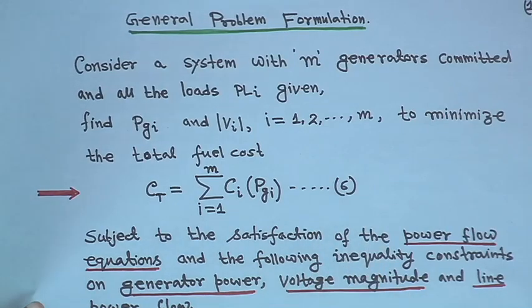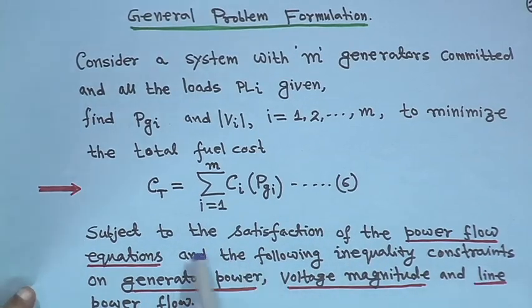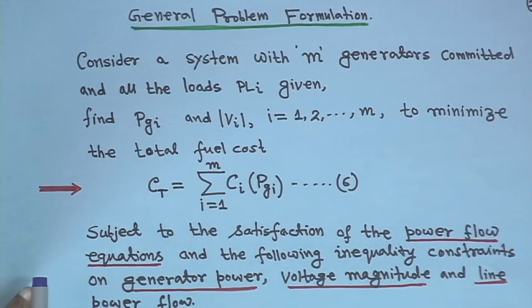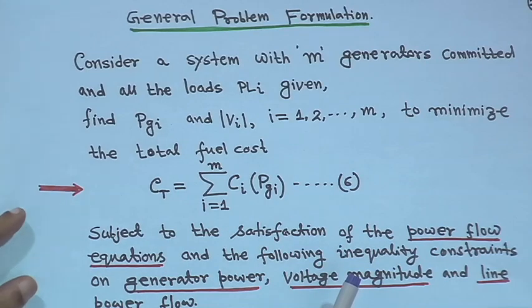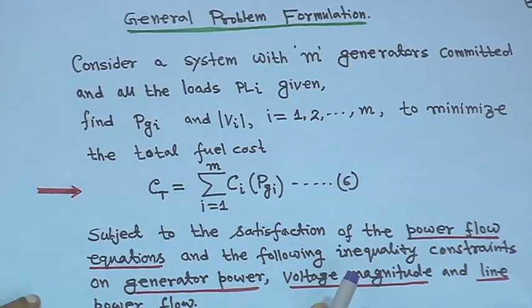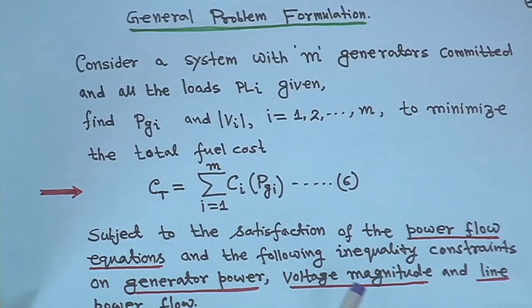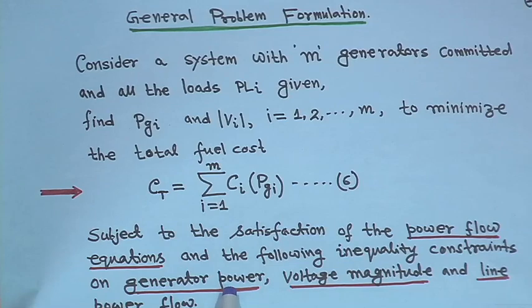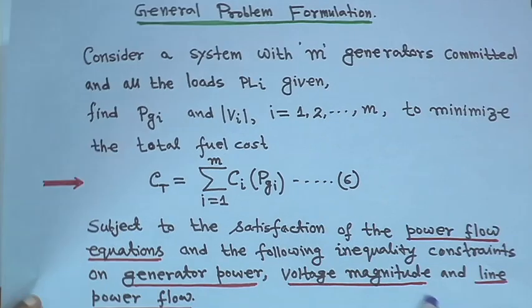Now the question is that this is subject to the satisfaction of the power flow equations, that is, the load flow equations. Load flow equations are called equality constraints in power systems. And there are the following inequality constraints: generator power has a minimum and maximum limit, voltage magnitude also has a minimum and maximum value, and line power flow.